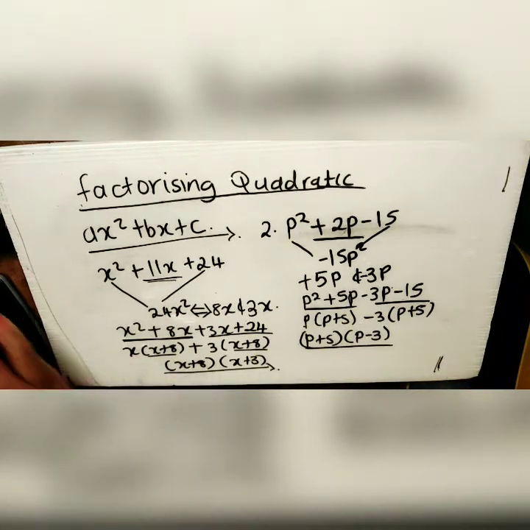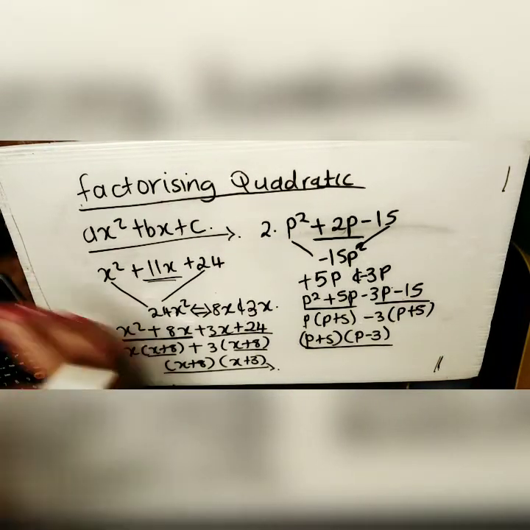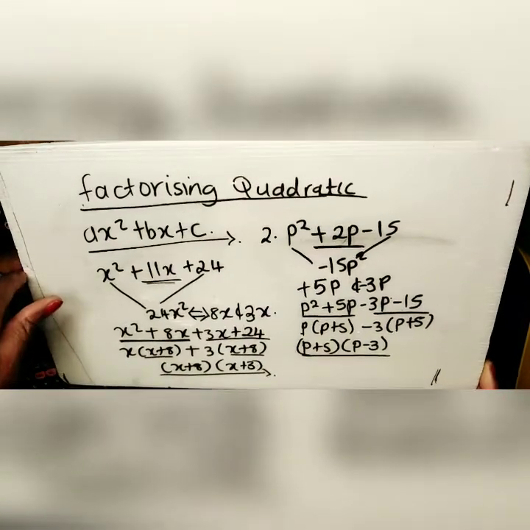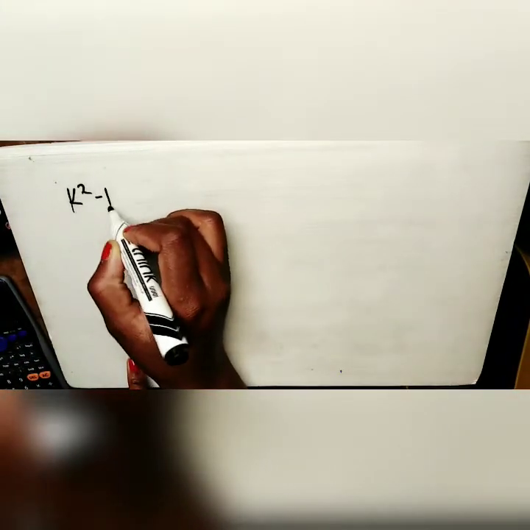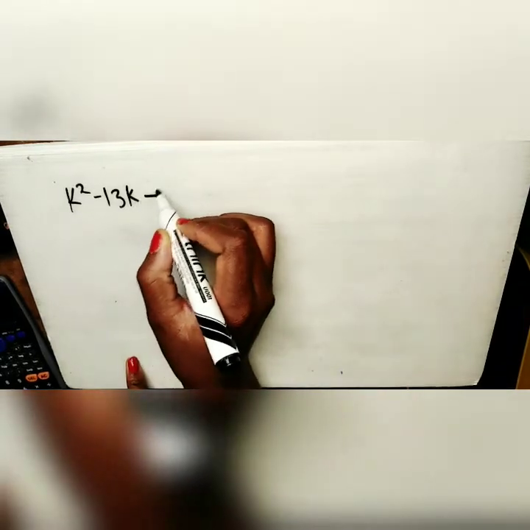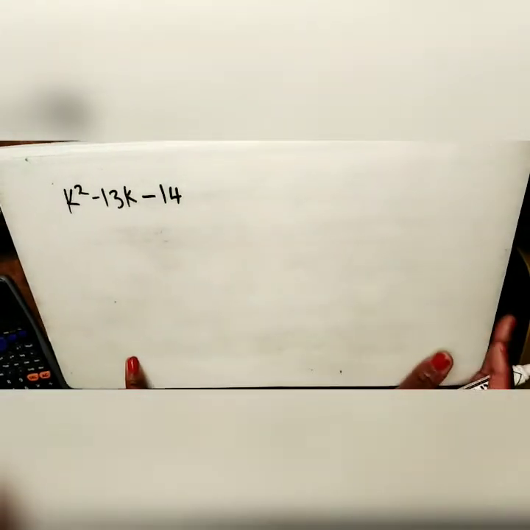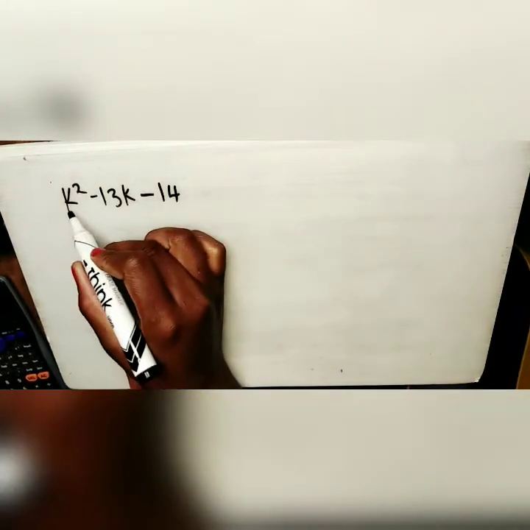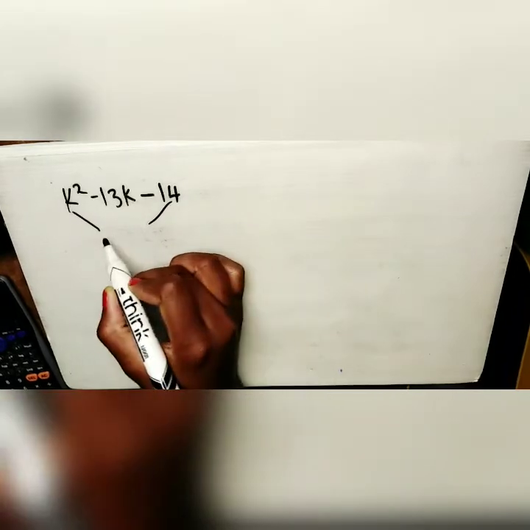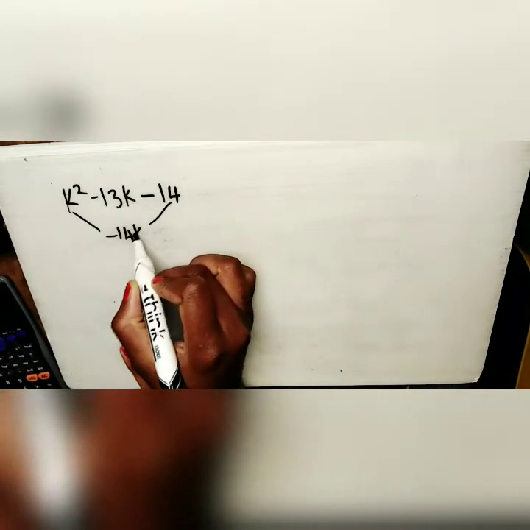Okay. Hopefully you guys are following. And our next example, we are looking at k squared minus 13k minus 14. We do the same thing. You multiply your k squared by minus 14. You get negative 14k squared.